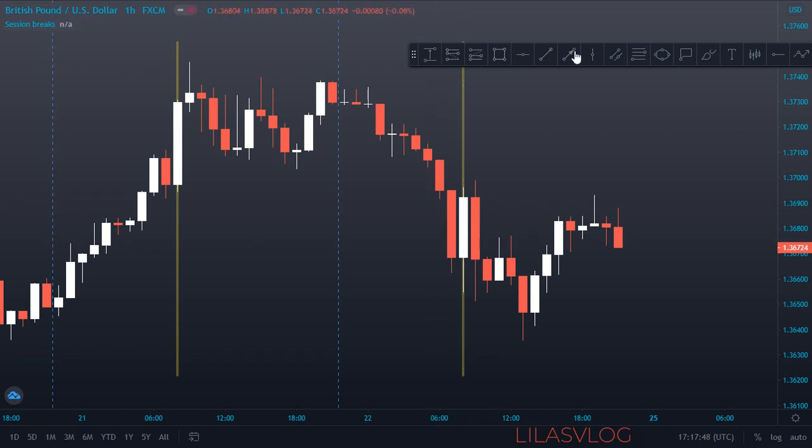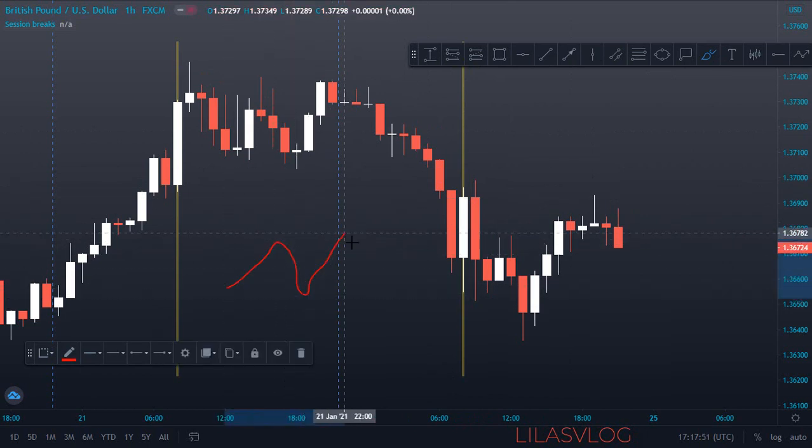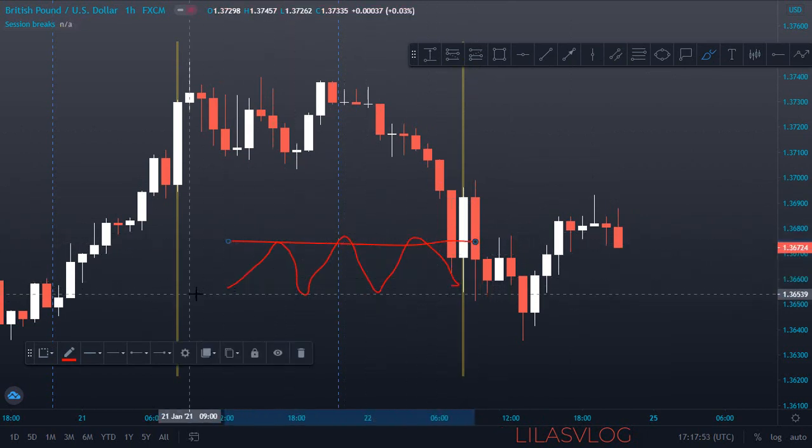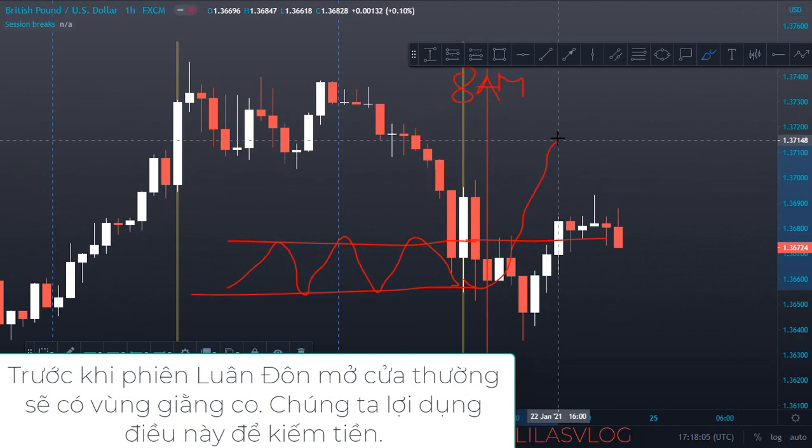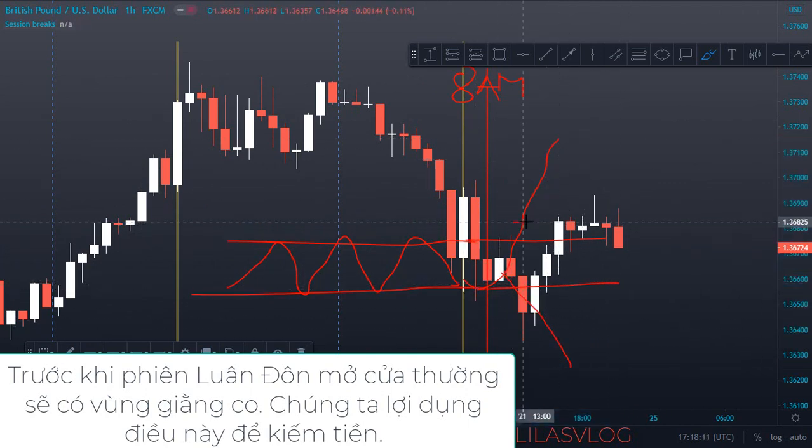Price is going in a range like this until 8 AM London, and then it starts to break above or break below the range, so we might have our entry for a long position or short position. So this is how the strategy works. I will show you more clearly.